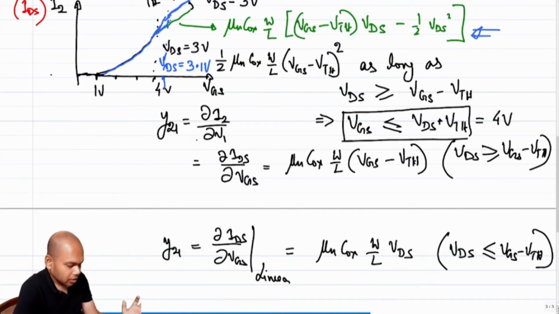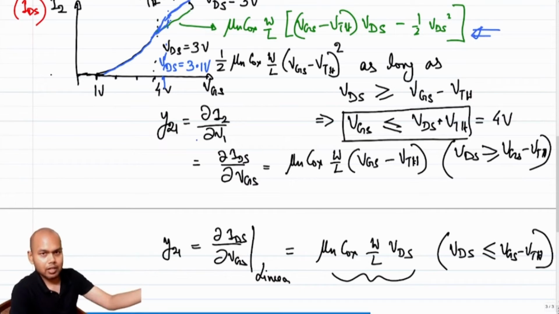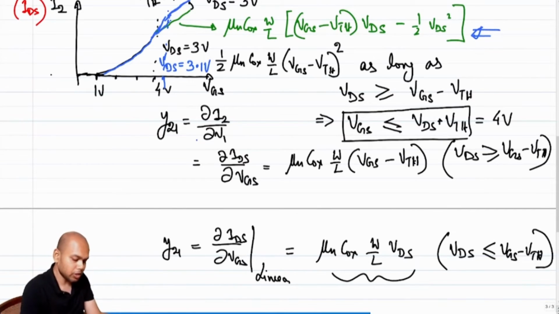So clearly the Y21 in saturation region is higher. Even though this equation might look like if I keep on increasing VDS, Y21 will increase, when you are in linear region, if you keep on increasing VDS, you will hit saturation region and you will switch over from the bottom equation to the top equation, which means that you are switching over from one region of operation to the other.